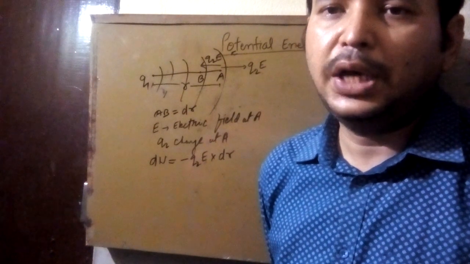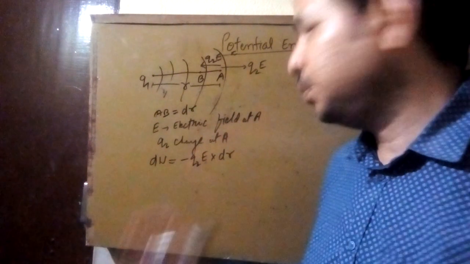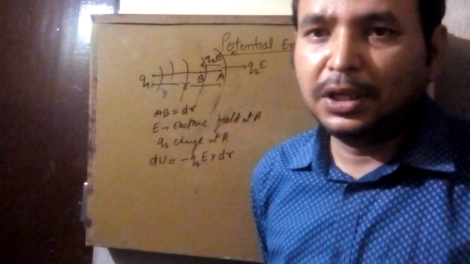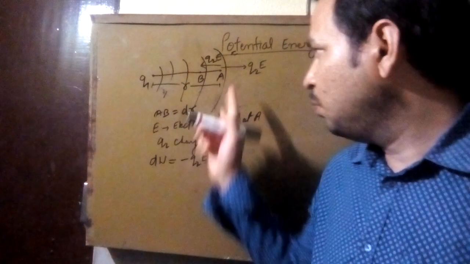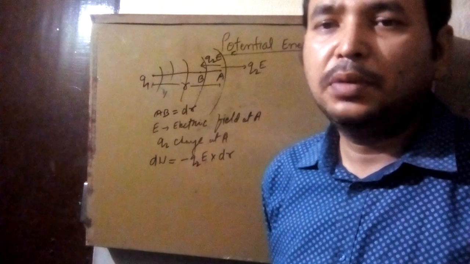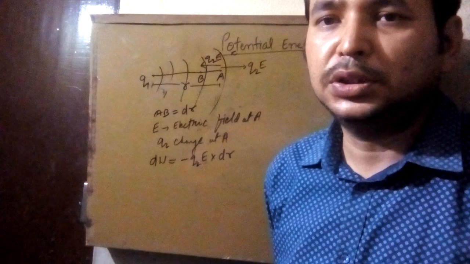So Q2E dr cos 180 degrees. Again the same expression will come. So this is the work done by the external agency, or by me, in moving the charge Q2 from point A to point B by a very small distance.